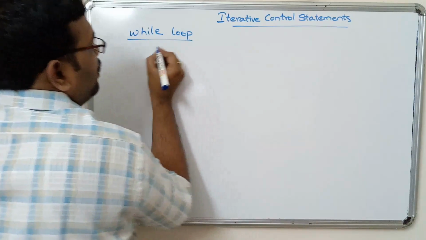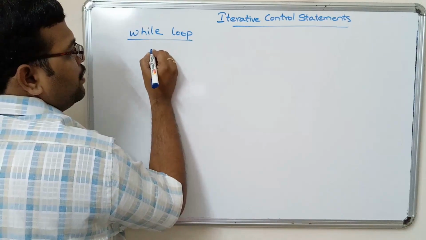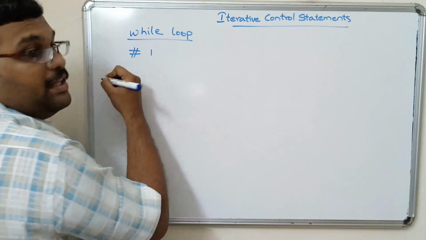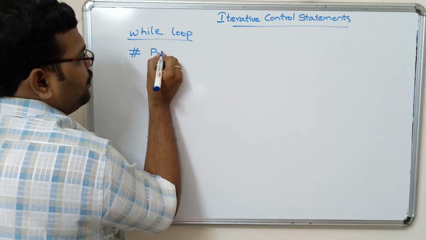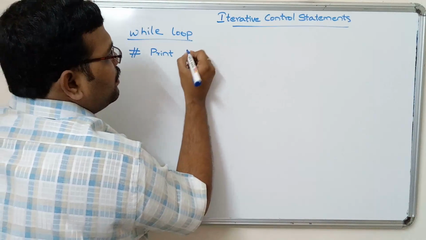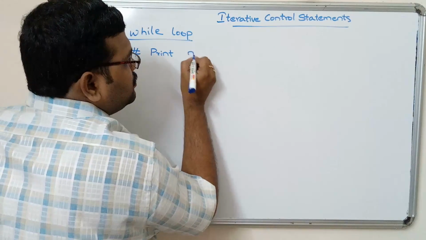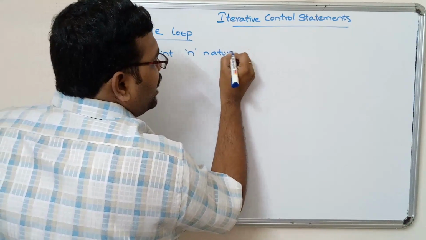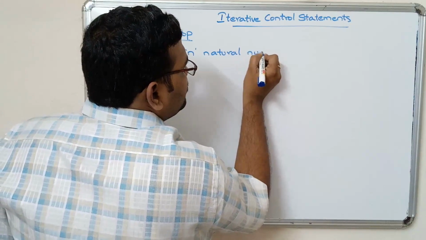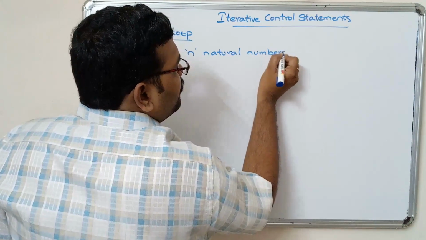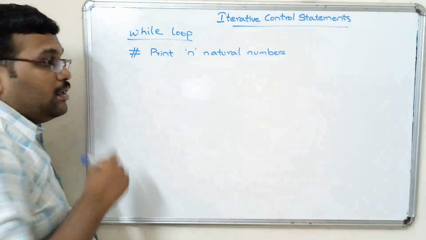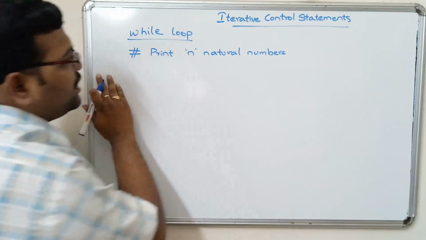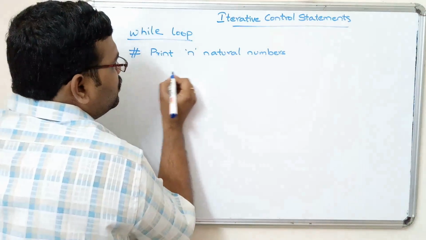See, this is a comment in Python: print n natural numbers. For this, first we have to read the n value.